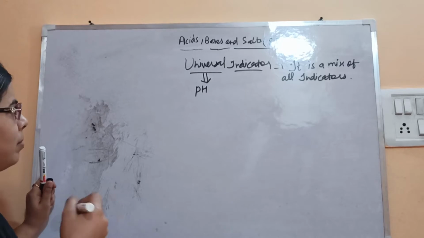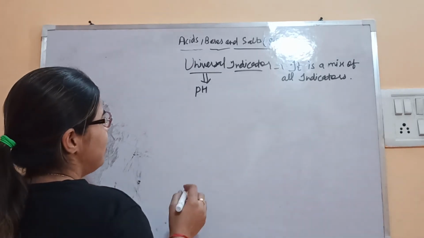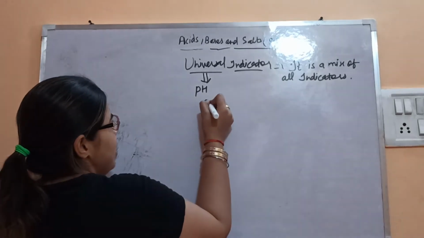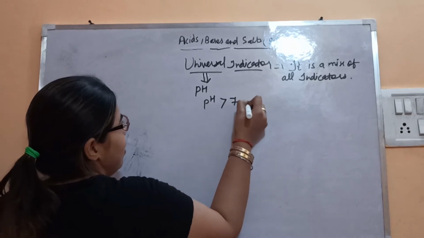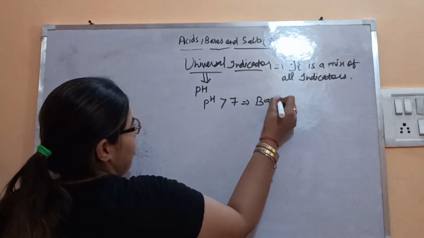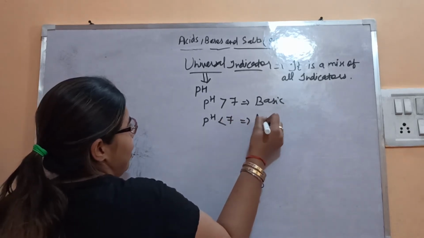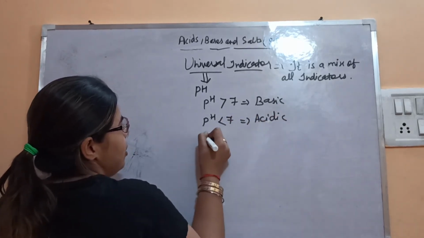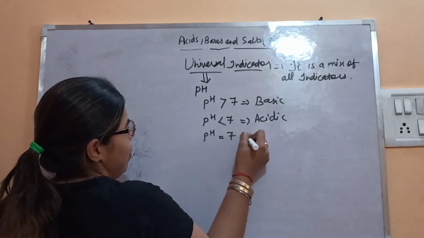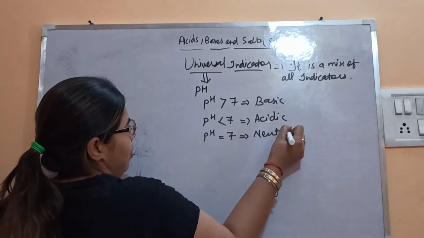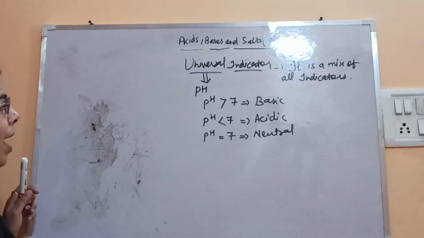So let's understand the pH concept. If I am saying that pH is greater than 7, it's basic. pH less than 7, it's acidic. And pH equal to 7 means neutral. Fine. And one more thing.